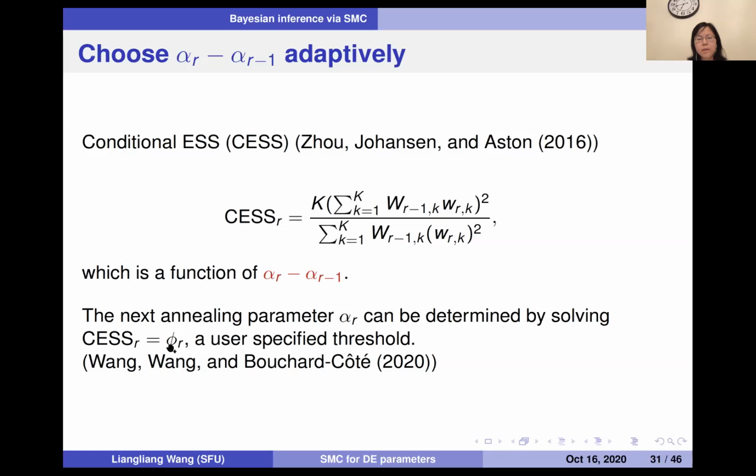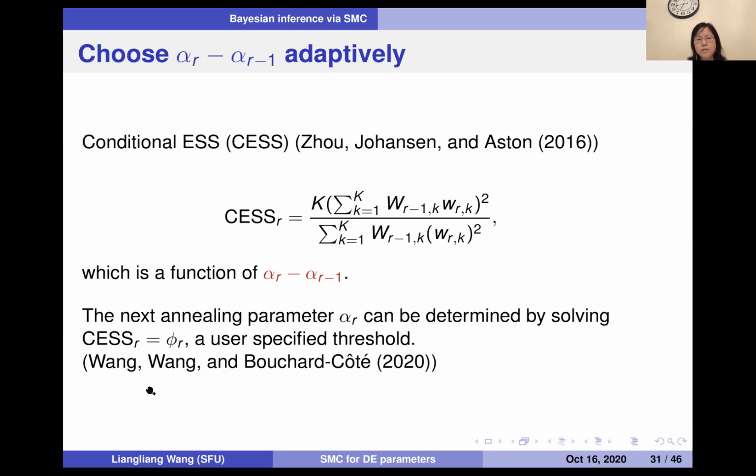Typically, we would like to let this threshold be a large value close to 1 to get a good estimate, which means we'll have more SMC iterations if this phi is a large value.